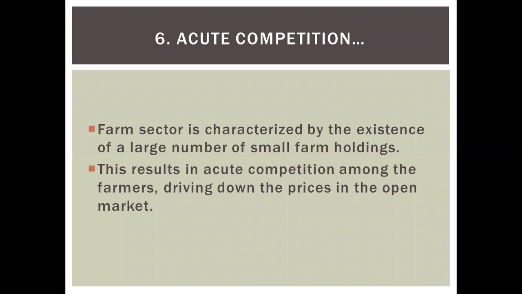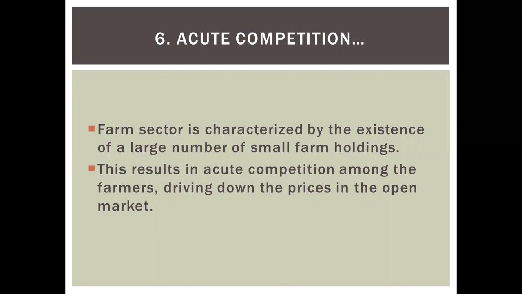The sixth important point is acute competition. You might have noticed that in the agriculture sector, there are a large number of farmers, small farm holders. Because of the existence of a large number of farmers, the farmers are unable to influence the price of their products.